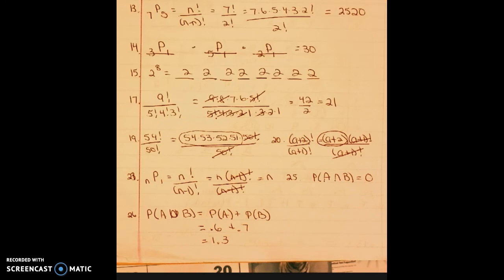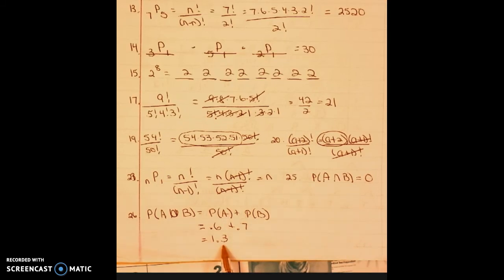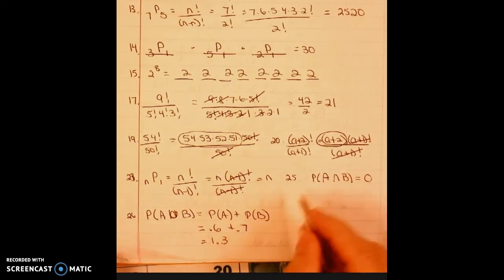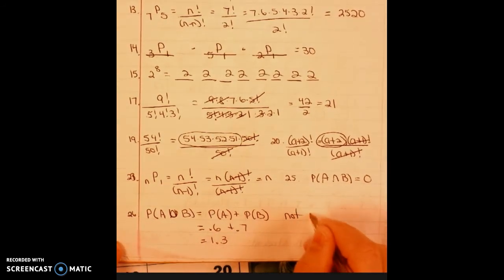So the only way to get it back down to a probability that's equal to 1 is we have to turn around and subtract something that overlaps, which means these are not mutually exclusive.